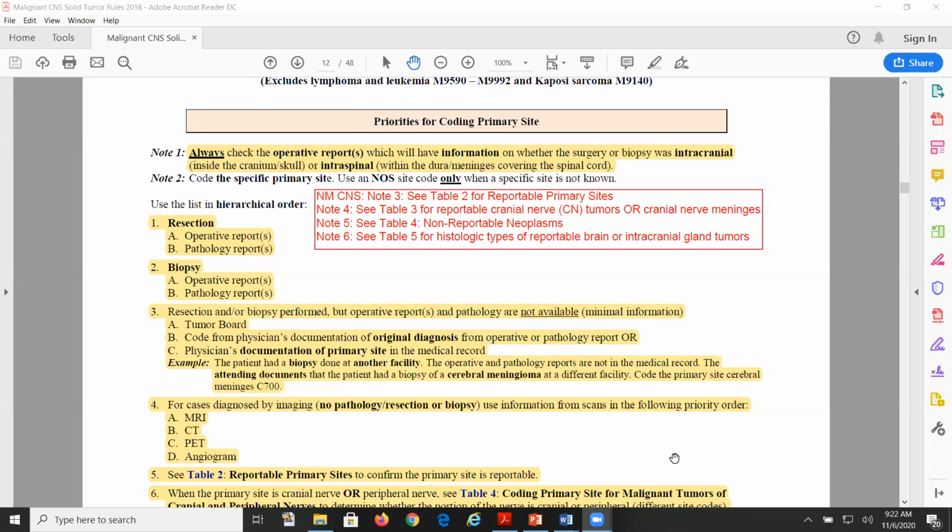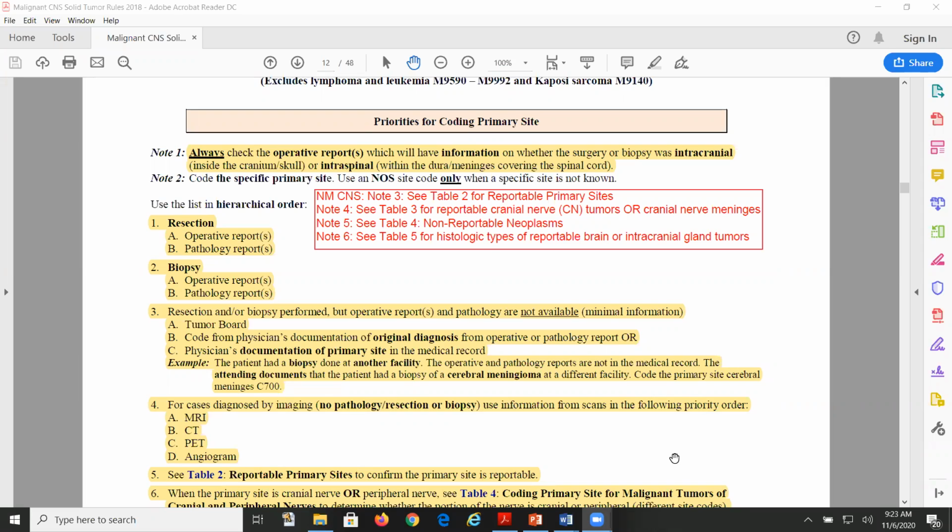Third in priority, if a resection and/or biopsy was performed, but the op and path report are not available, you would use the information from first, the tumor board, second, from the physician documentation of the original diagnosis from the op or path report, or the physician's documentation of primary site in the medical record.